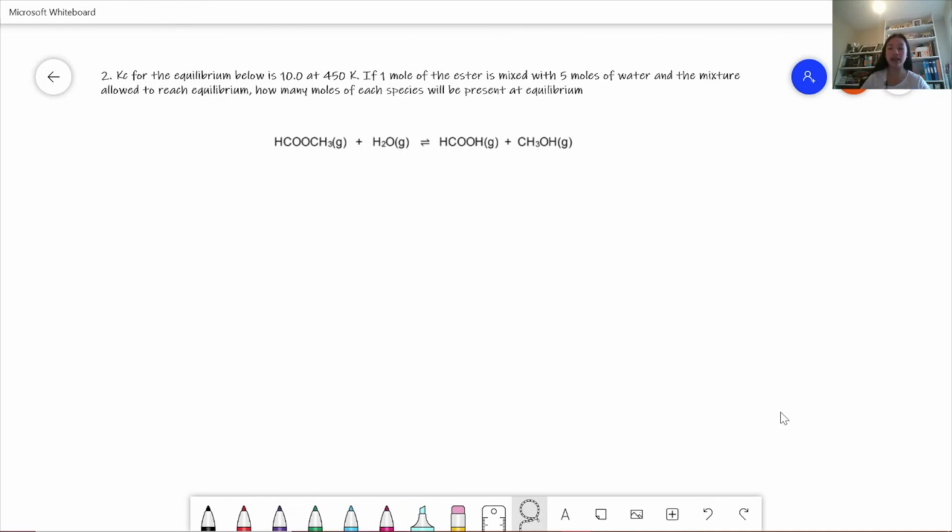So the first thing I do again is to write out the equation, and then write out the initial moles that we already know. So we know 1 mole of ester is mixed with 5 moles of water. So we have 1 here and 5 here, and then 0 of these two.